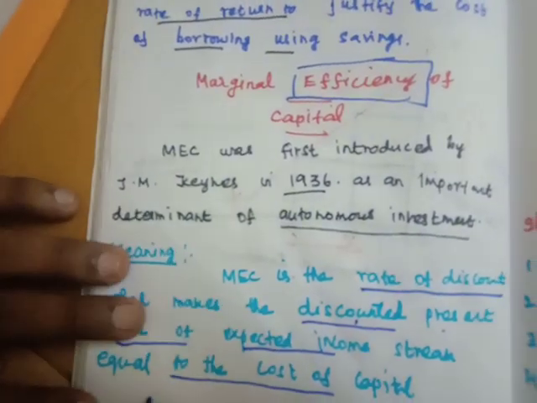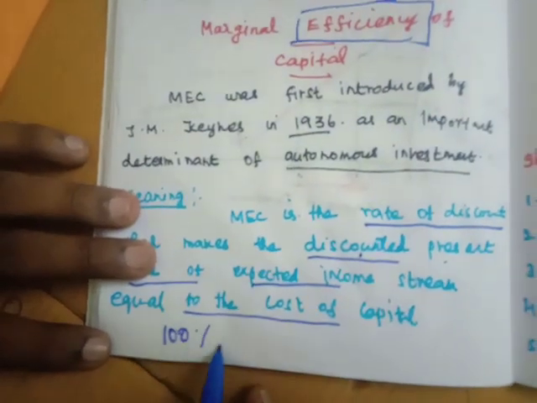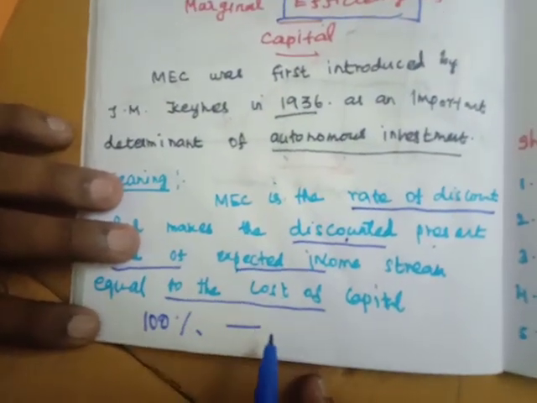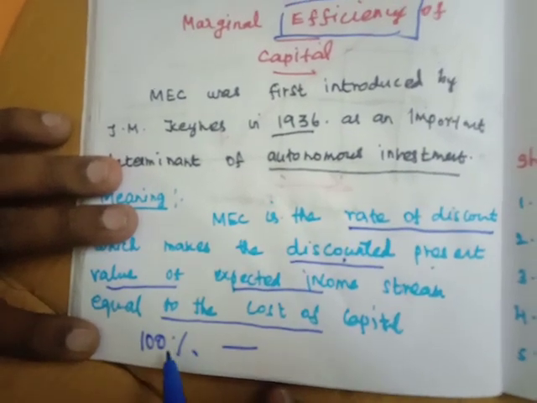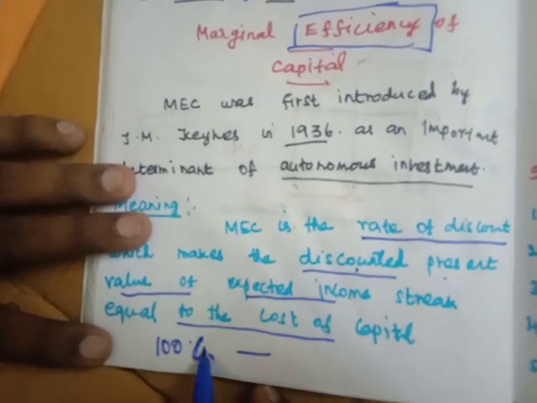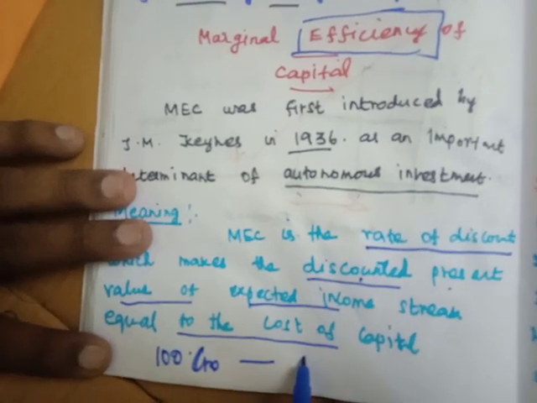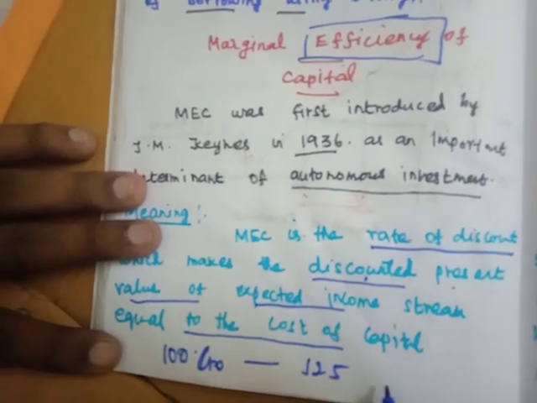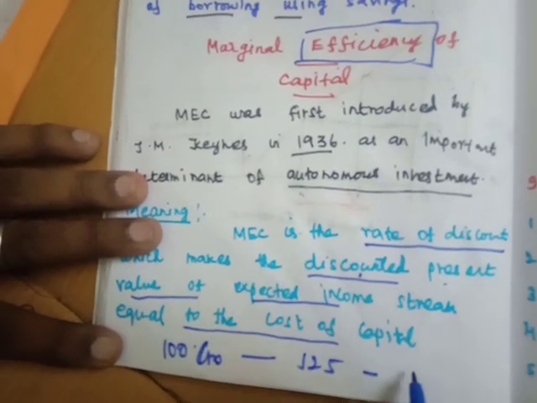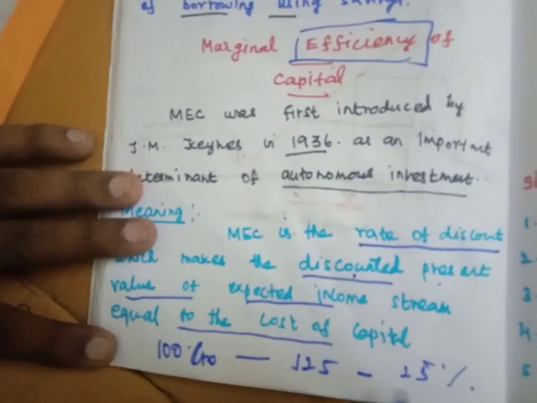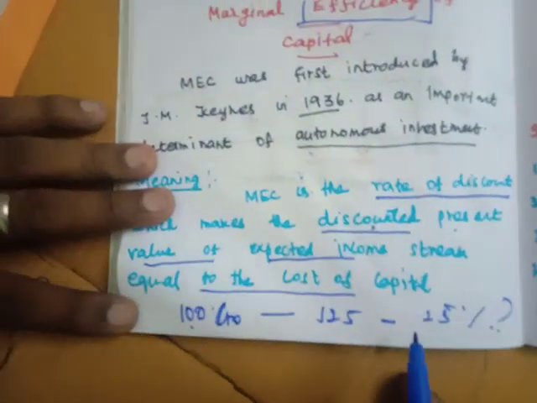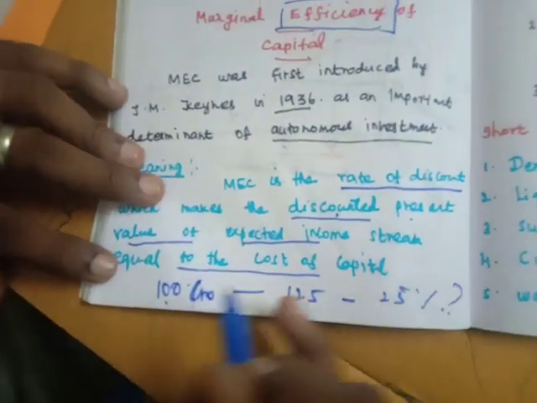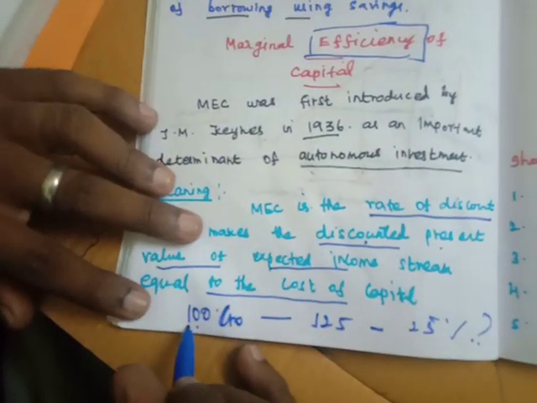For example, your capital is 100 crores. Our expected income or revenue from the project is, say, 125 crores, but normally we will give a 25% discount for this 100 crore project. So what is the value of the profit we get from the investment of 100 crores?